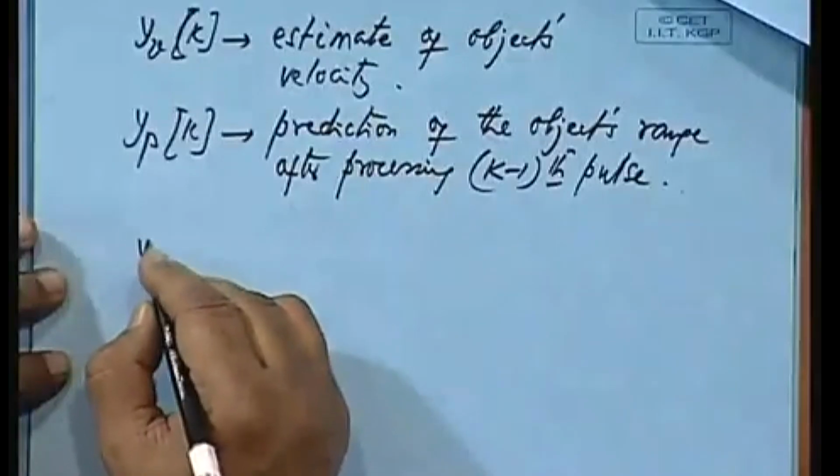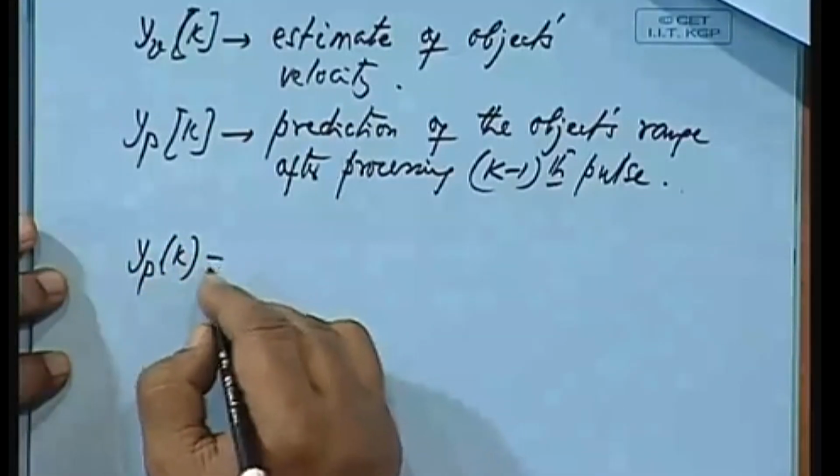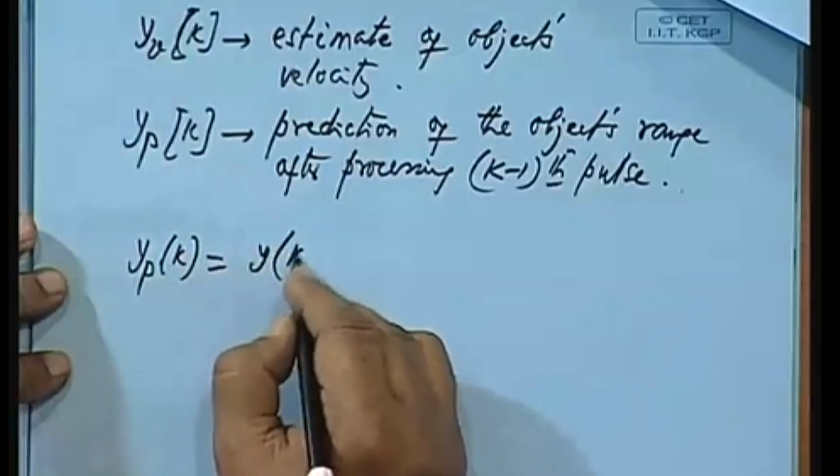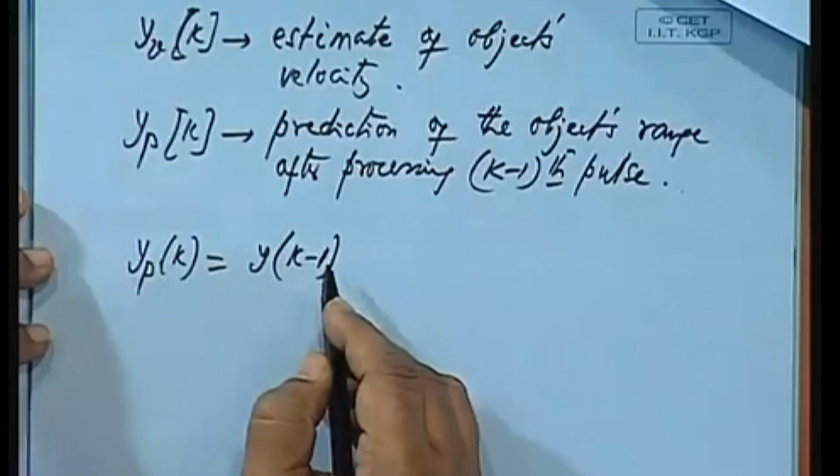So, ypk, the predicted value, how much is the predicted value? Say up to this instant of time, I have got yk minus 1 as the estimate. What will be my prediction in the next instant?